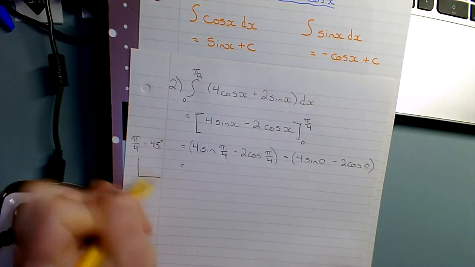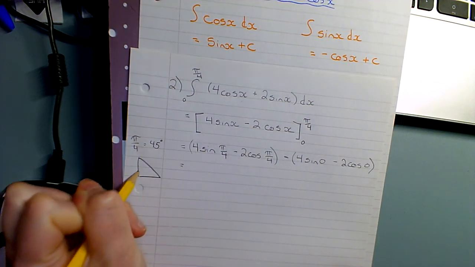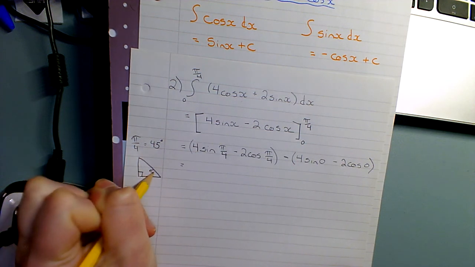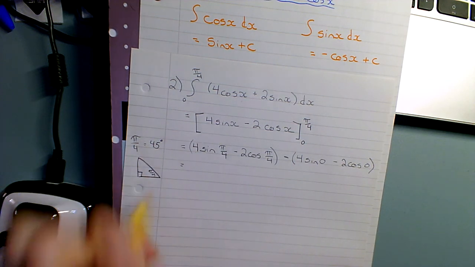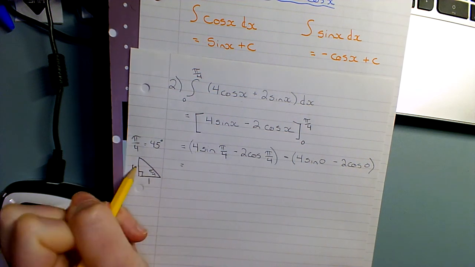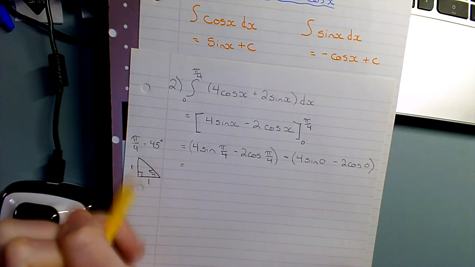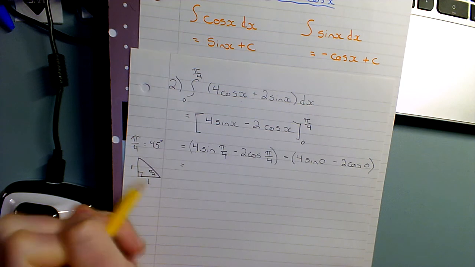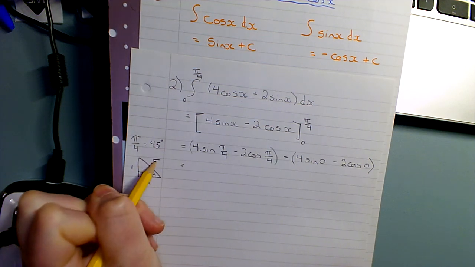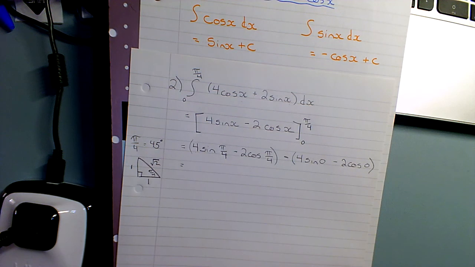If I have a little exact value triangle, my right angle triangle, we know these would both be 45 degrees. So we have on our isosceles right angle triangle, both sides 1, and when I use Pythagoras, 1 squared plus 1 squared, and then take the square root of it, the hypotenuse becomes the square root of 2.